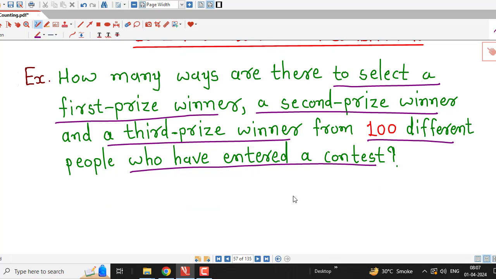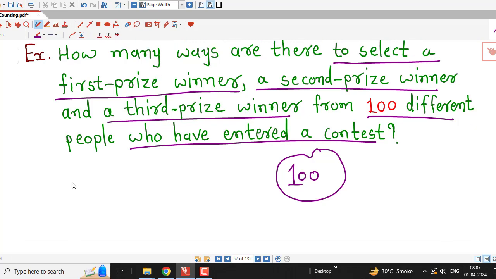That means we have to find the number of selections of 3 persons out of 100 persons, and here order is important, because if some person is the first prize winner, then he or she cannot be the second or third prize winner. Therefore order is important here.